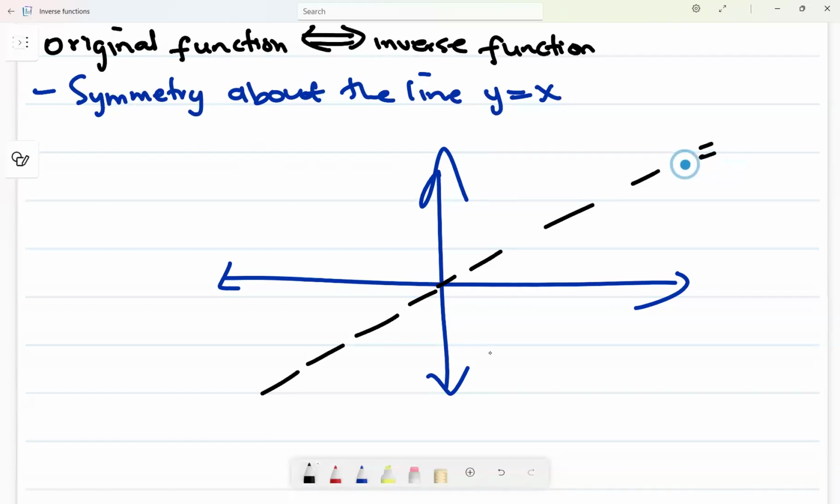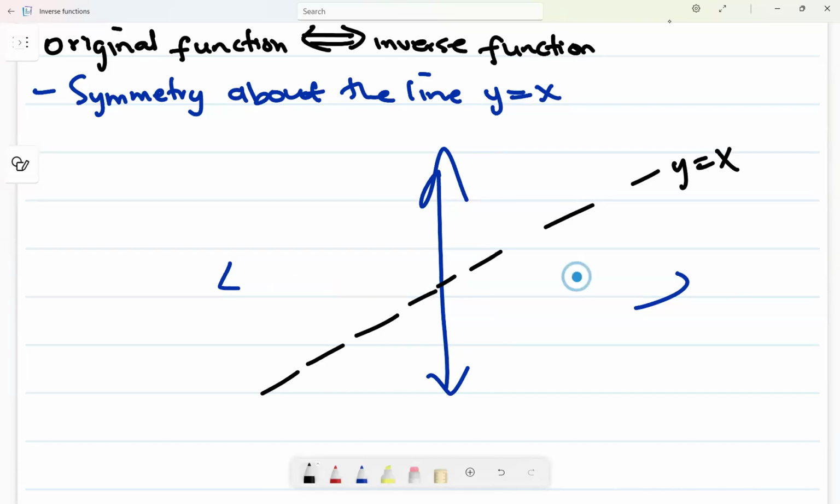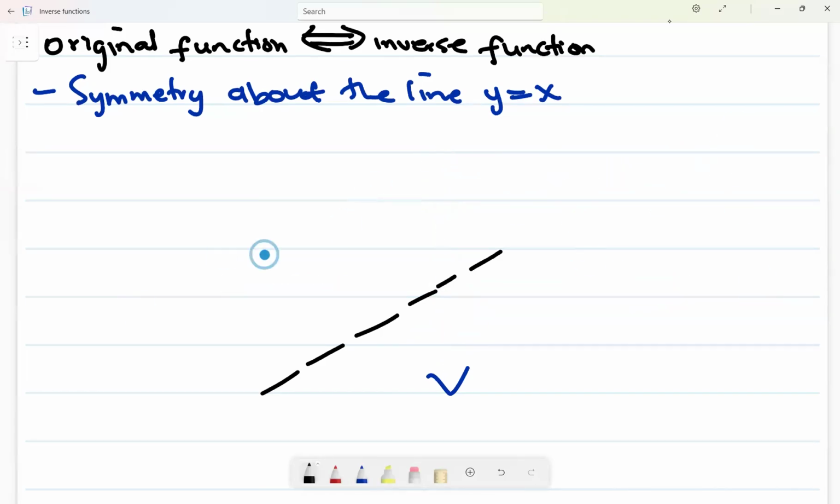So this is y is equal to x, not x is equal to y. Now one might ask, what will happen if I say x is equal to y? I don't think it will be a big deal, but don't.